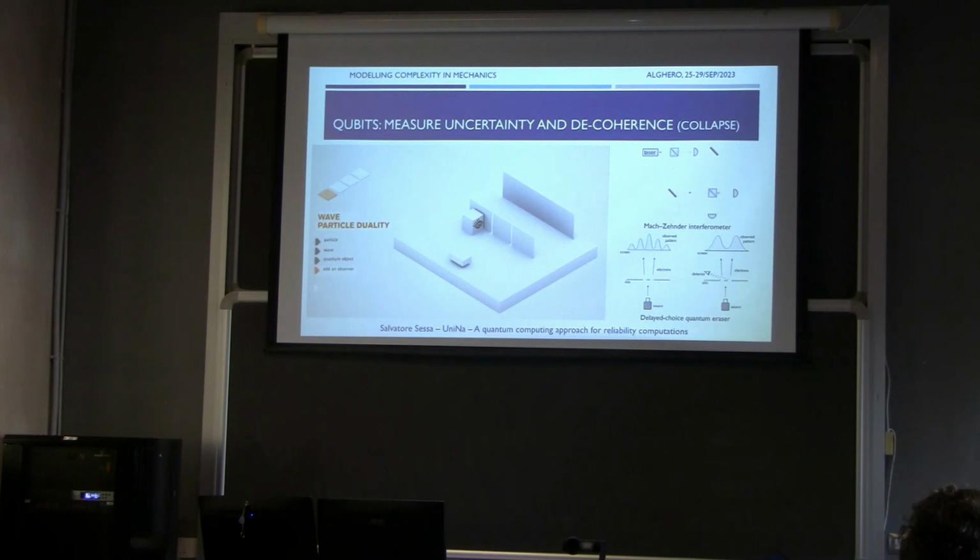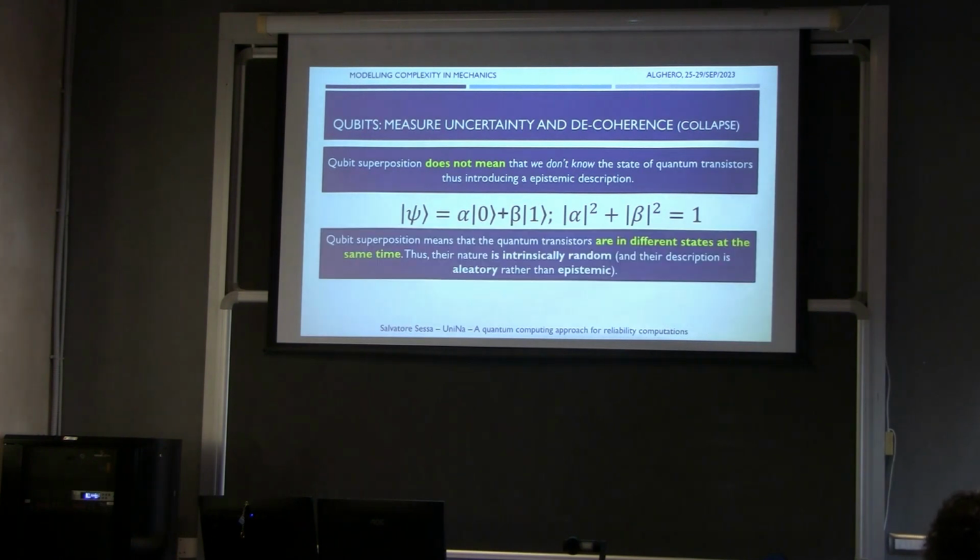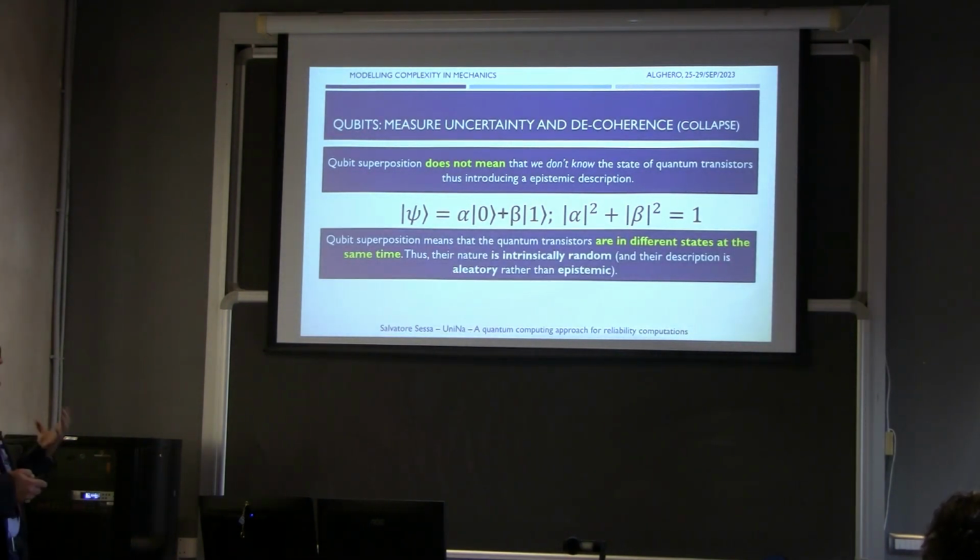This is essential because it means that the superposition state does not mean that quantum transistors have a deterministic state and we just don't know the state before measurement. In that case it would be an epistemic randomness, a lack of knowledge by the observer. On the contrary, superposition means that quantum transistors are in a superposition of different states at the same time.